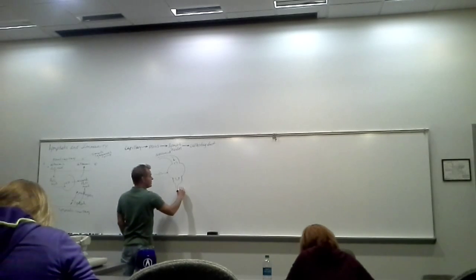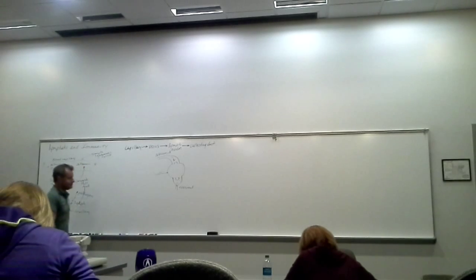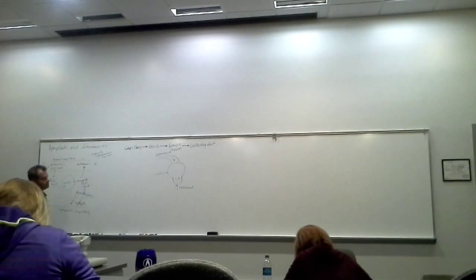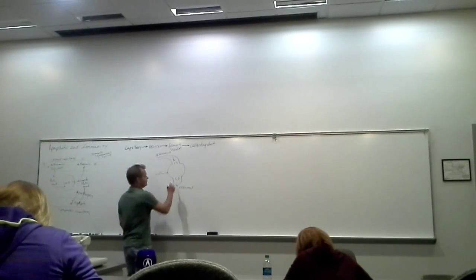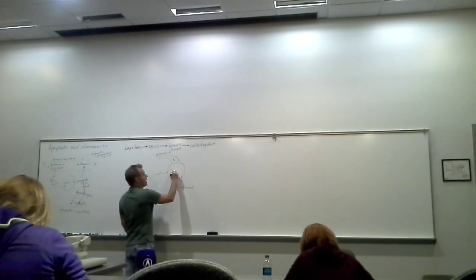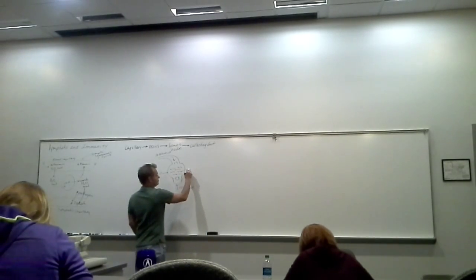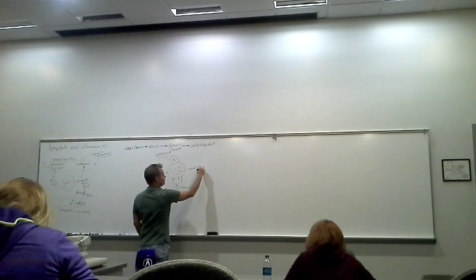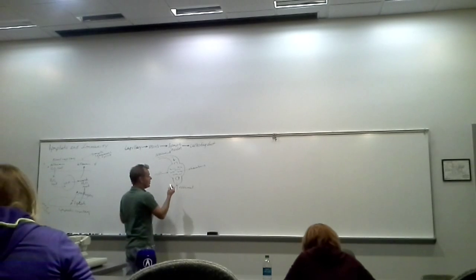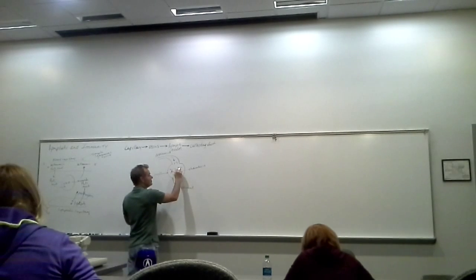Here are efferent vessels that are carrying lymph out of the node. Now this node has a lot of walls or chambers in it. And housed in these chambers are a special class of lymphocytes called B and T cells.